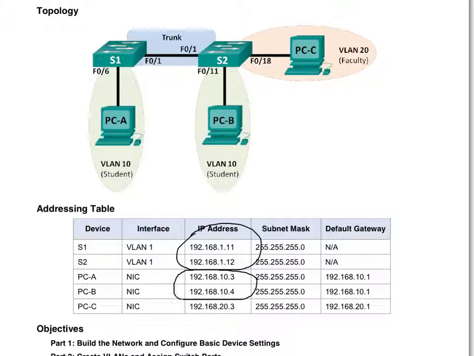That's a particular VLAN which can't communicate with this. They're all on different networks. Okay? Now, these two switches should be able to communicate with each other because they're on the same network and they're on the same VLAN.